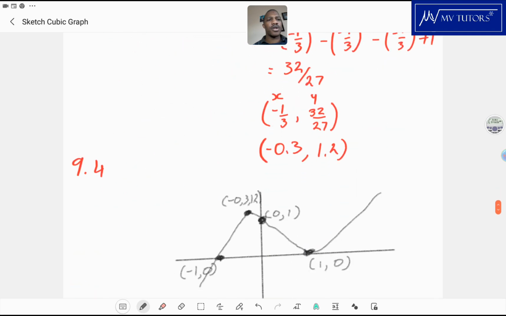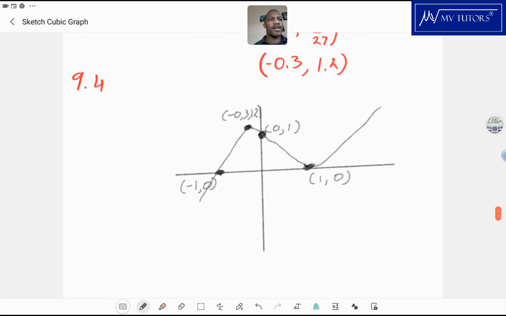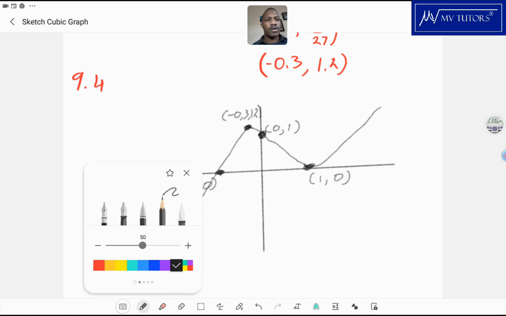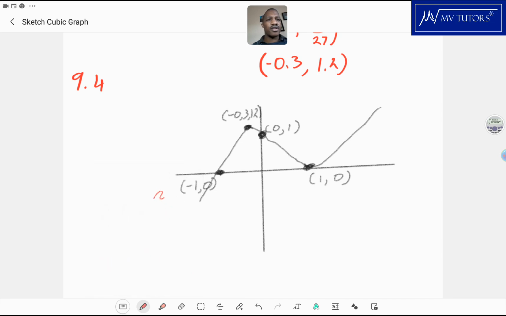Now, if we look at our graph over here, from here to here, it starts increasing. Okay, so let me get my red pen. If we're coming from this side, it is actually increasing, and then from the turning point to 1, to the next turning point, that's where it is decreasing.